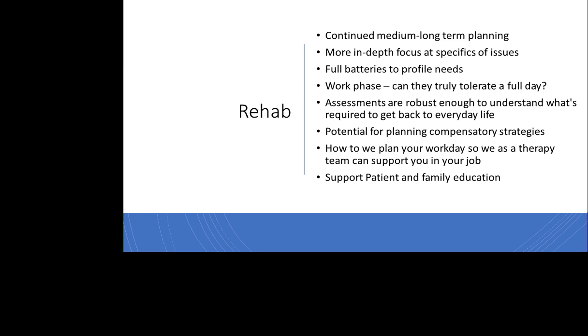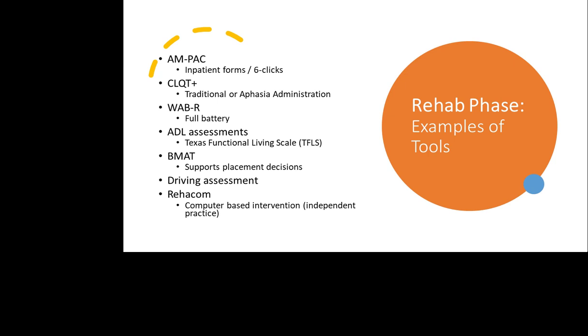So if I'll just move on to the next slide on this. In terms of assessments, you'll see, again, some of the same assessments that we perhaps used in the acute and the subacute phase. But we're moving along in the journey here. So as I mentioned before, patient-reported outcome measures. The AM-PAC can be used across the whole journey, and there's different forms for different parts of that journey.